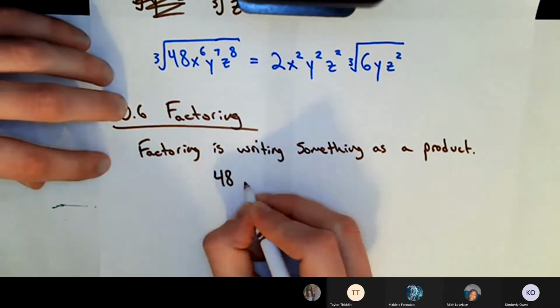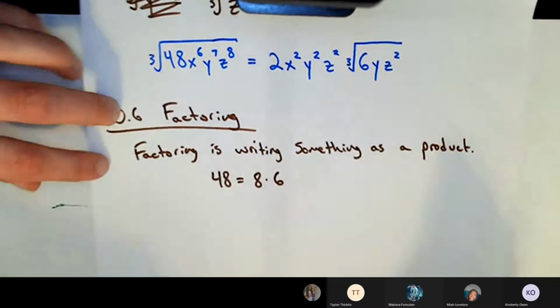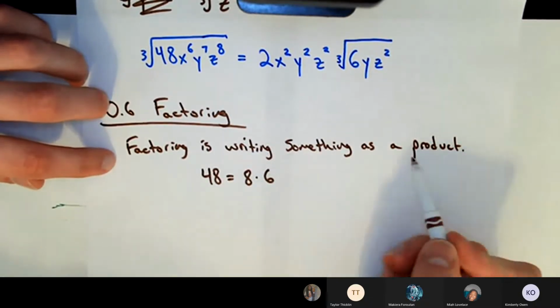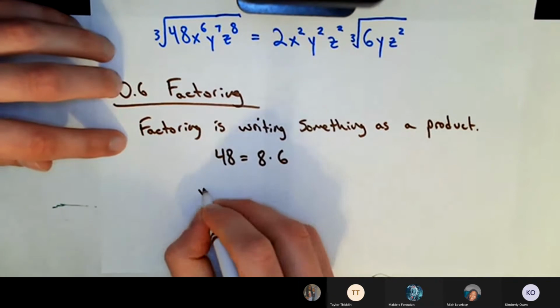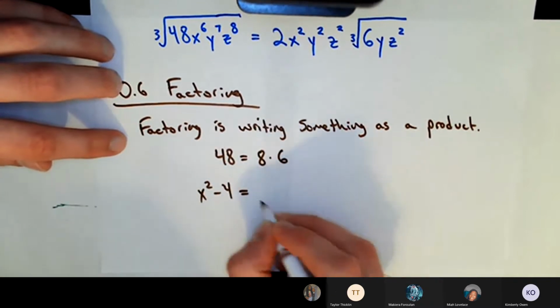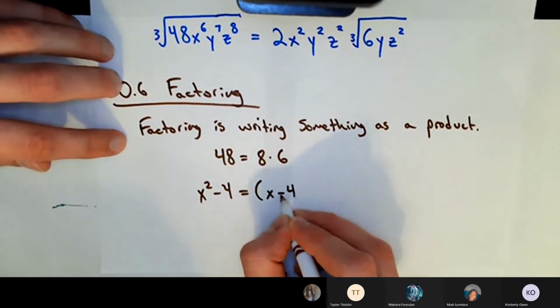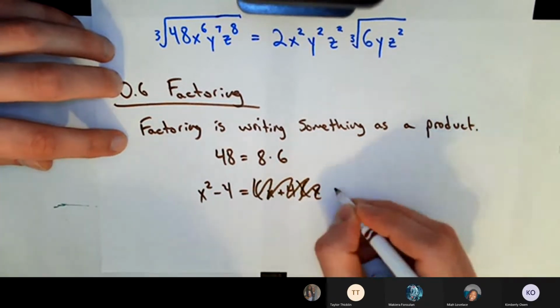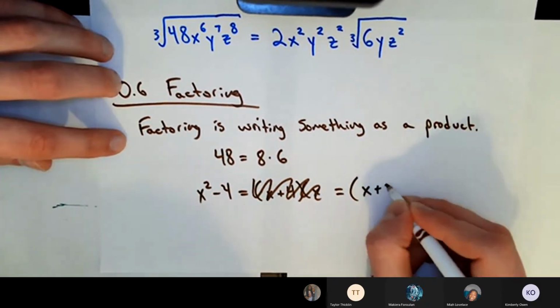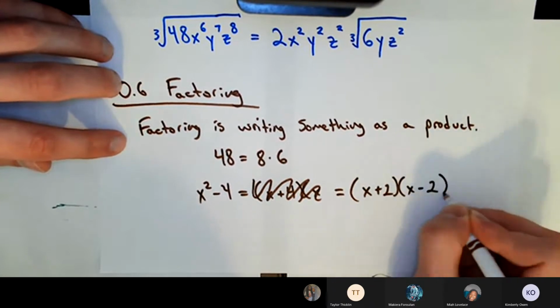So for instance, I can write 48 as 8 times 6. I'm writing something as a product. Remember, a product is a multiplication problem. Or I can write x squared minus 4 as x plus 2 times x minus 2.